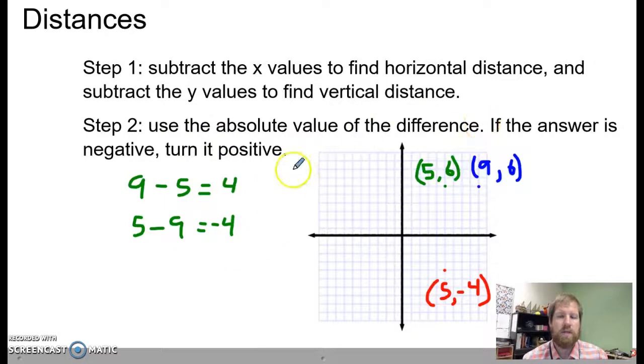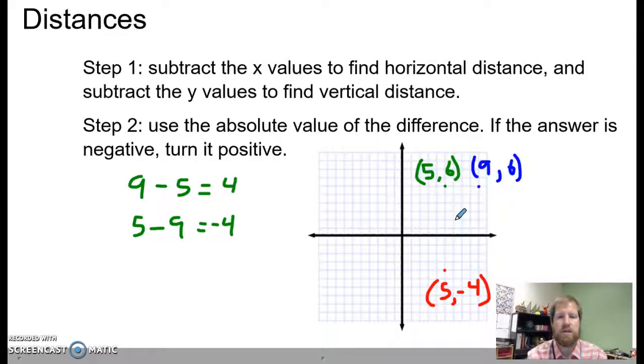And then I'm going to turn my answer positive because there's no way to have a negative distance between two objects. The closest they can get is right next to each other, and then their distance would be 0. Okay? But if they swap, if you move one point to the other side, it doesn't have a negative distance.